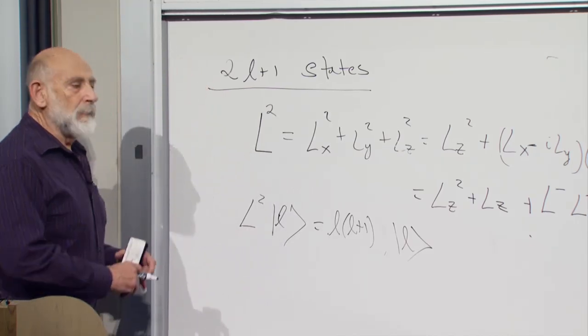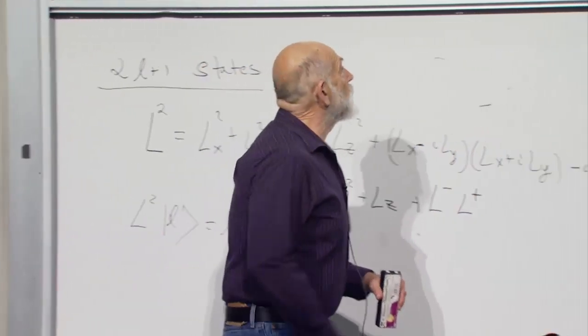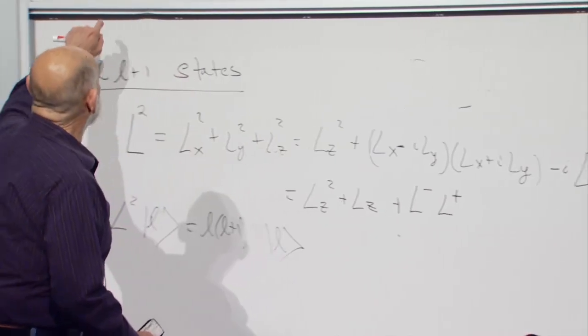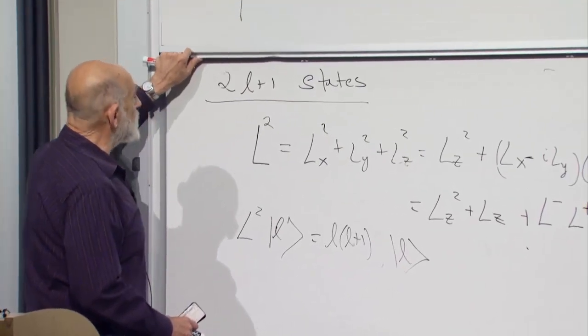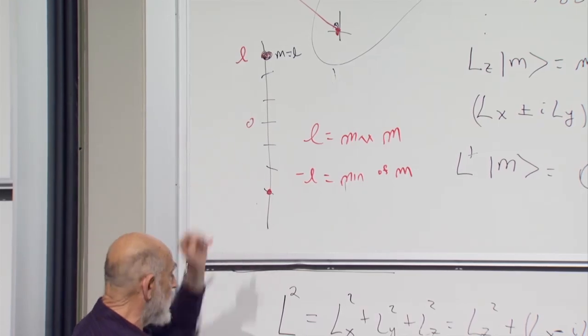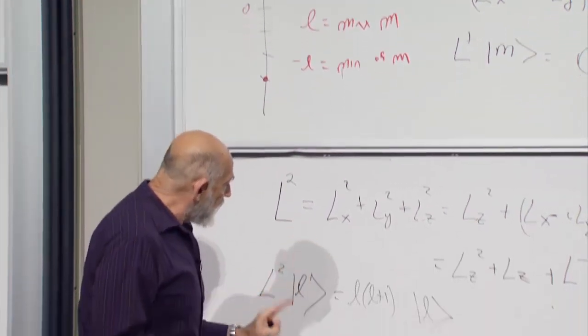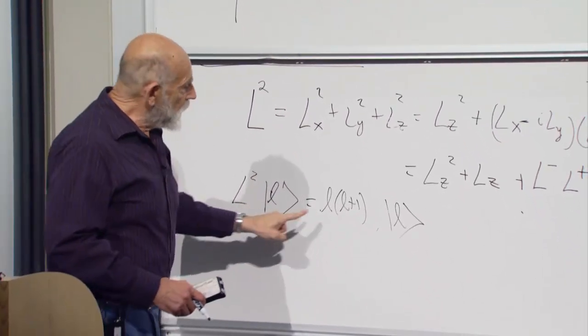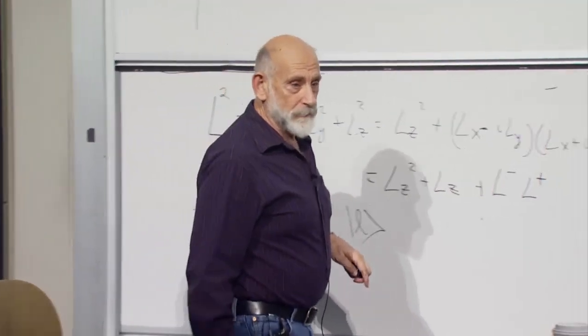So what do we find? We find out that the states in this multiplet here, the top state, the highest state there, has an eigenvalue of L squared, which is l times l plus 1.